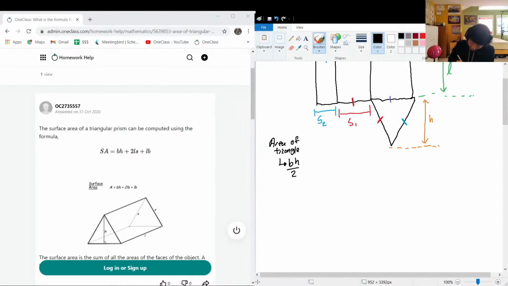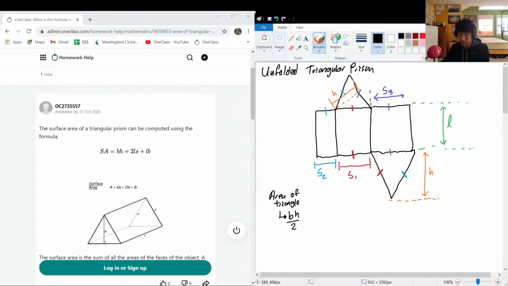And we know that the area of this triangle, let's actually label these sections. So this can be T1, or just T, because the triangles are the same. So T, and this can be R1, R2, R3.